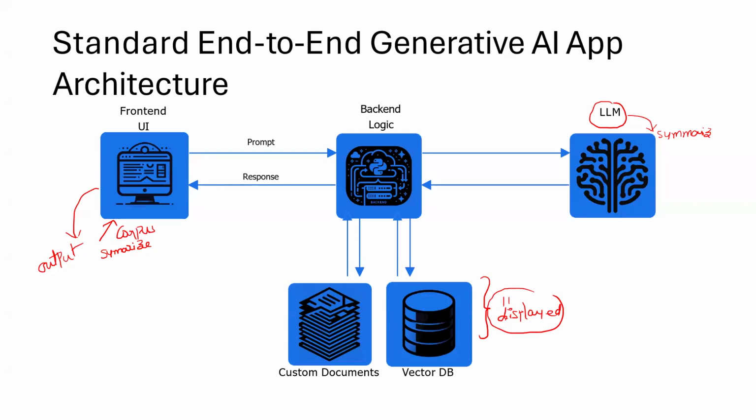Feed the input from the front end. Then it will send the prompt to the backend, where the logical computation happens. Then it will go to the custom documents and the vector database. Whatever input we have given, it will search in both custom documents and the vector database in parallel. Whatever data it gets matched from the input, it will send to the LLM.